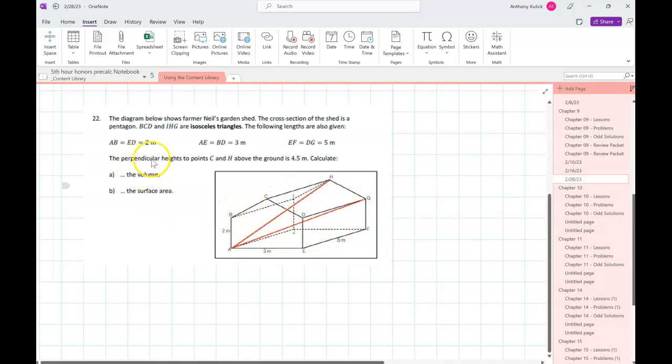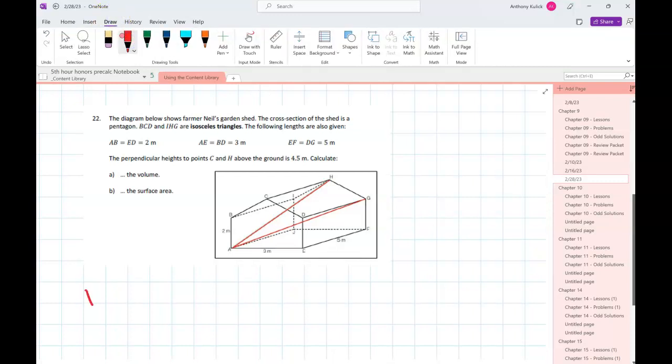It says the perpendicular height to points C and H, so that's this distance down to the ground, is 4.5, and we're going to calculate the volume and the surface area.